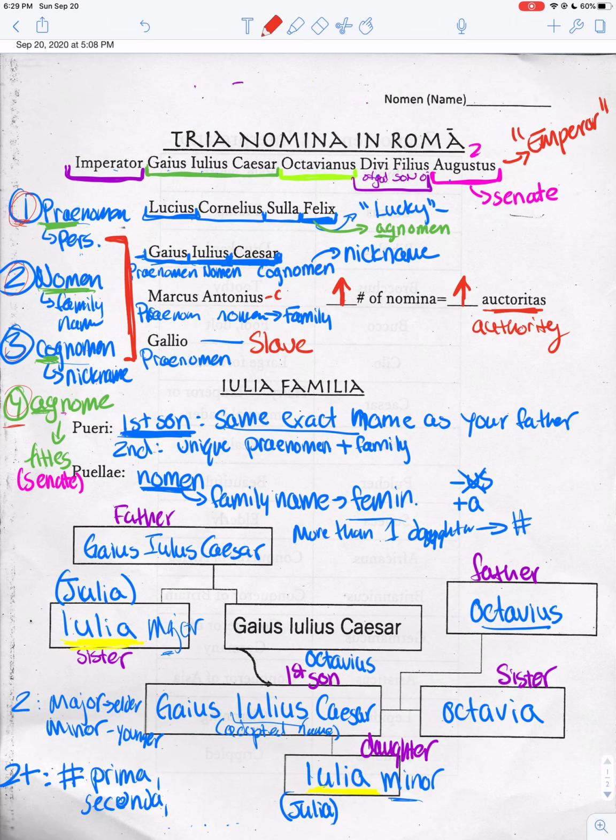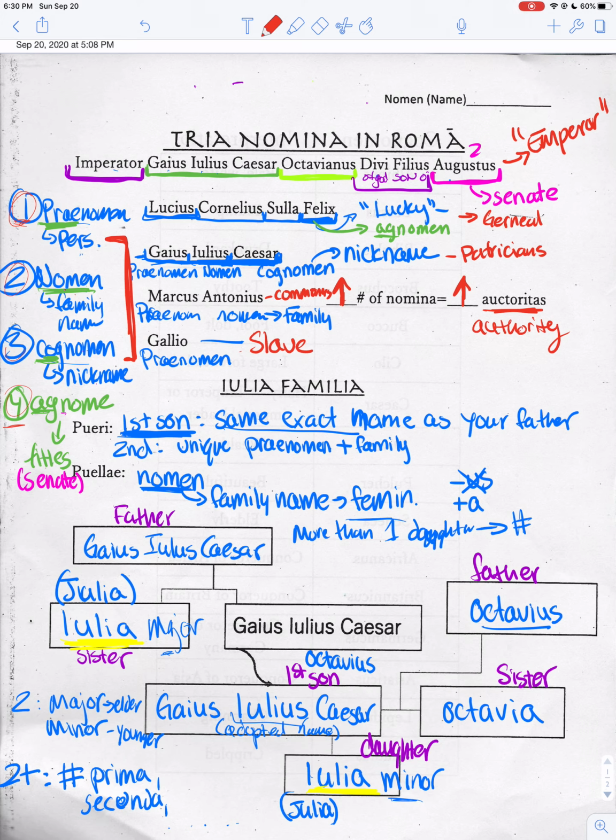Common people, commoners, had 2. Slaves had 1, commoners had 2. And then this is when you get patricians. So patricians definitely had 3. And when you had 4, you were probably a general or had great deeds, you're in for your service to Rome. And that's why you got a 4th name.